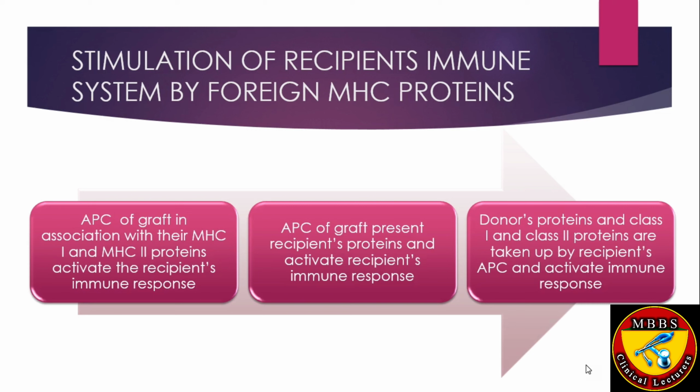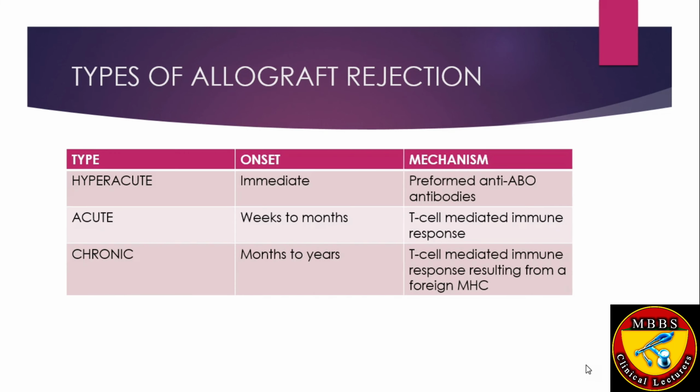The third possibility is that the donor's class 1 and class 2 proteins are taken up by the recipient's APCs and activate the immune response. So these are the three possible ways the recipient's immune system is evoked by these foreign MHC proteins.